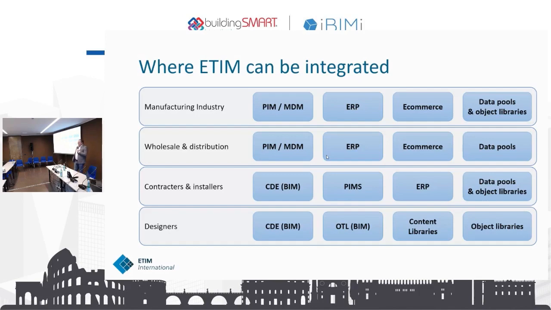But what I haven't seen yet is when you have it in your BIM model, you have the ETIM code. If you connect to a data pool, you say, okay, I've identified a couple of solar panels. I've put in the ETIM class and its features. Now the next step would be to run a query on a national data pool to see who can supply these type of solar panels and what do they cost and do they have it on stock, etc. That's going to be a major step, another major step.